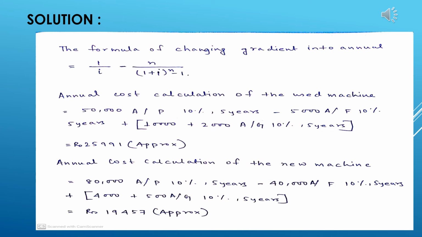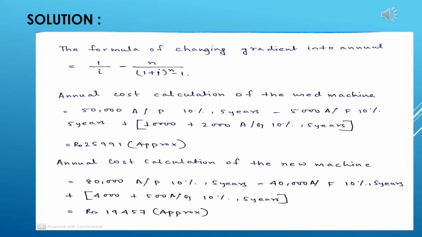As we have said, the organization initially has a constant value of 10,000 per annum, and then the value which is changing every single year, that delta proportion of 2000, is the gradient portion attached with this calculation. So turning only that gradient portion, the changing 2000 value, into annual worth, taking 10% and 5 years into consideration, we have the figure at 25,991.